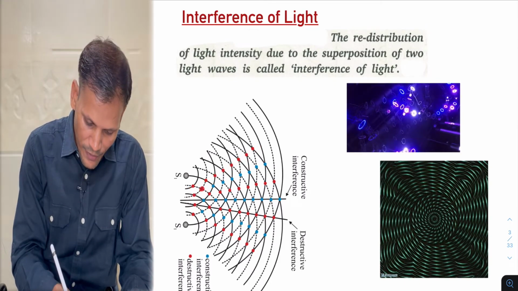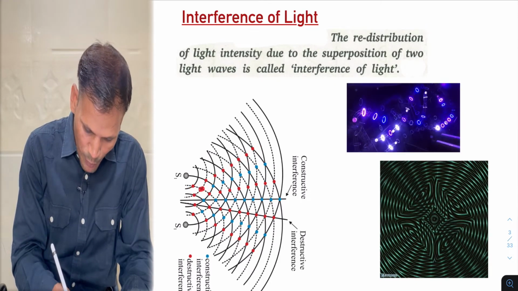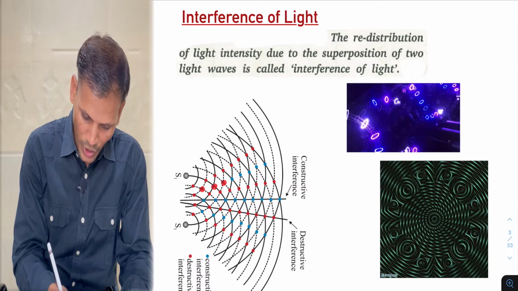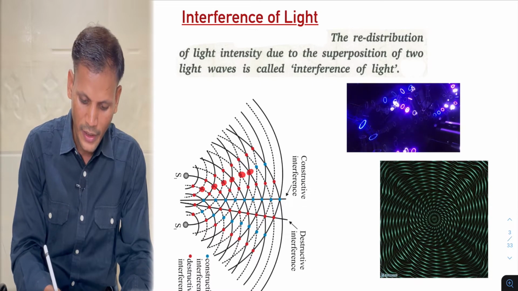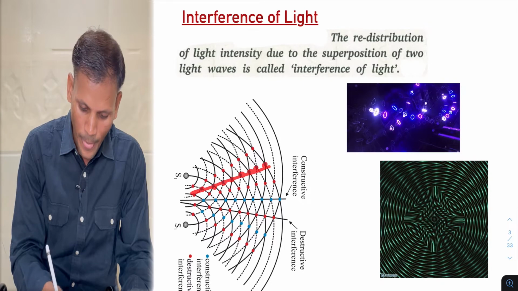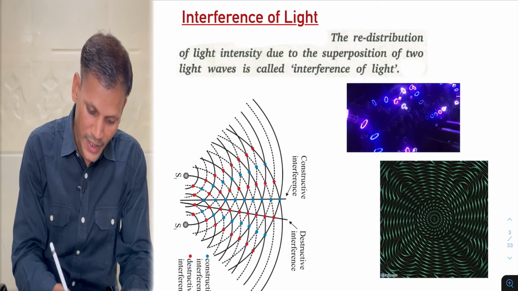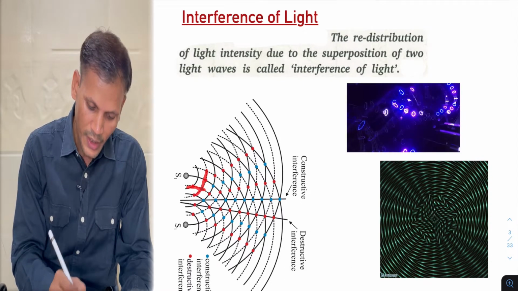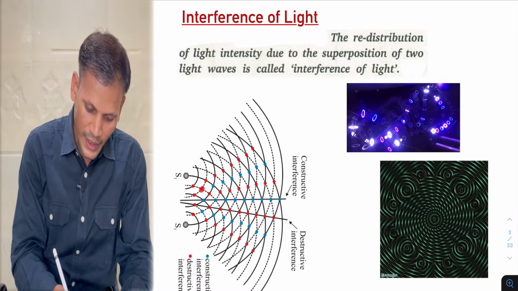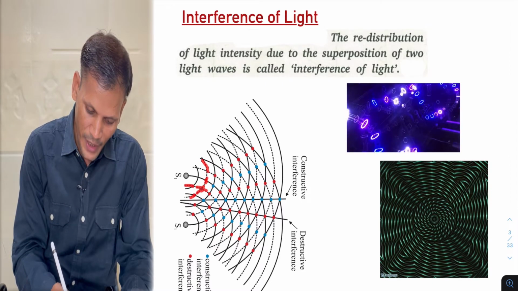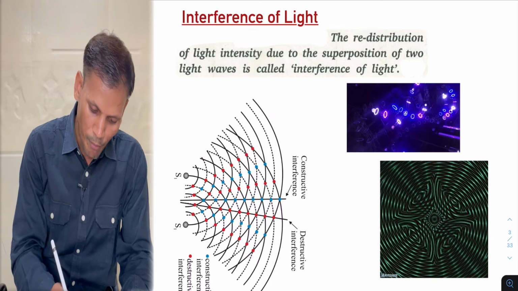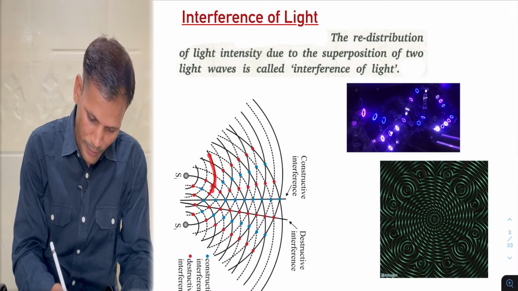And in this case, you will see these blue points are nothing but what? These are the bright points. Why are they bright? At this point, either both the dotted lines are meeting or both dark lines are meeting.